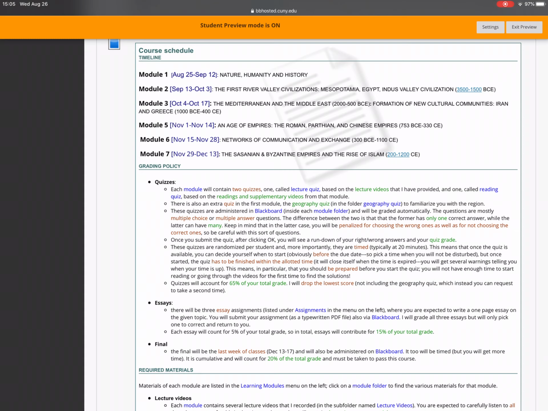As I said, we will have 7 modules, and the first module that is open for your information at the moment is module 1, where we will talk about, among other matters, nature, humanity, and history.